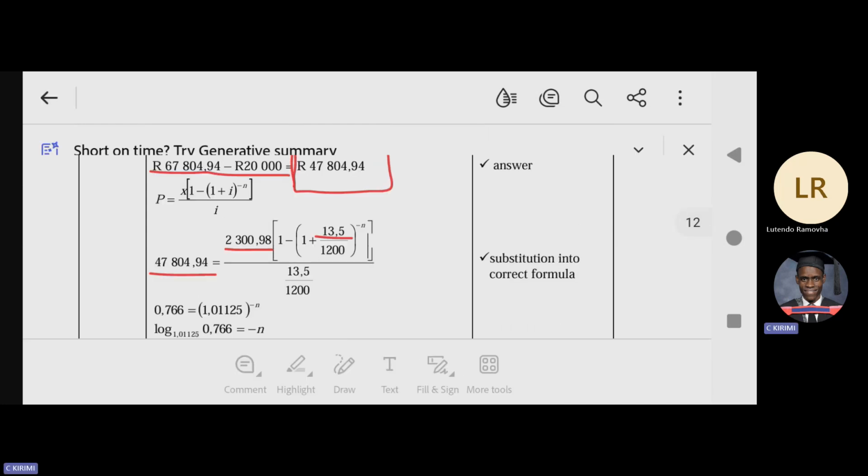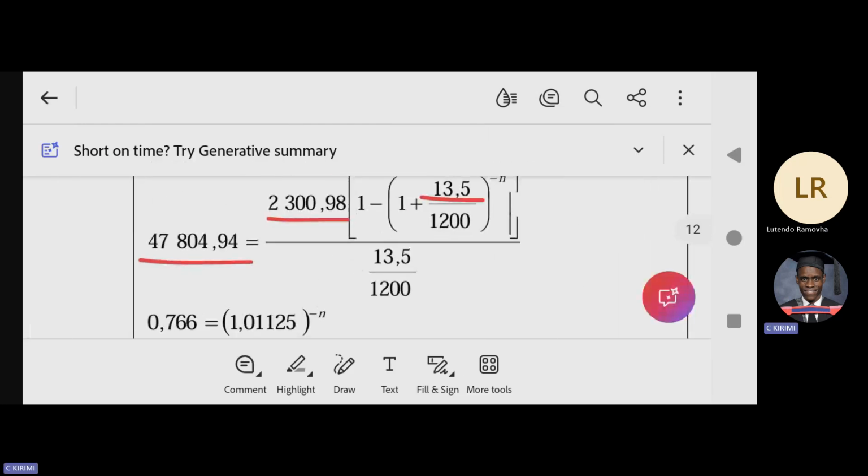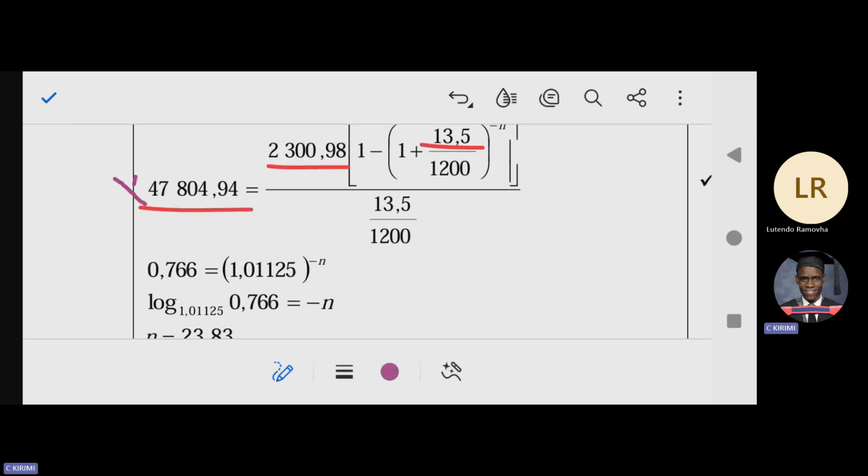We want to get rid of these values so that we are left with the n. Here you are going to multiply by 13.5 over 1,200, since you are dividing by 13.5 over 1,200. And what you do on the left, you must do on the right, which is correct.